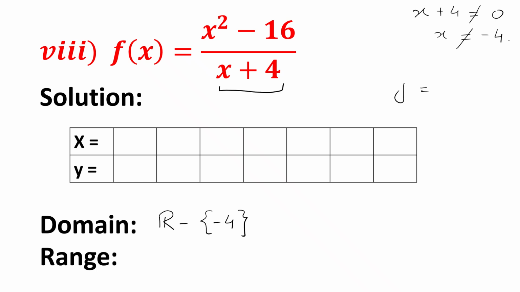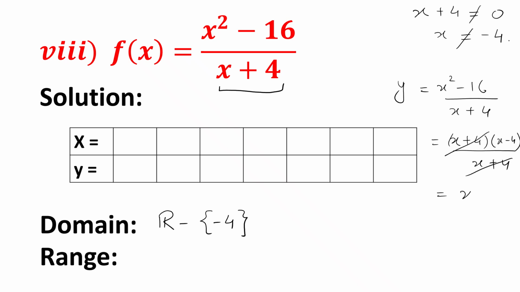The function is x squared minus 16 over x plus 4. By factoring the numerator, we have x plus 4 into x minus 4 over x plus 4. This x plus 4 is cancelled with this one, and we are left with x minus 4.